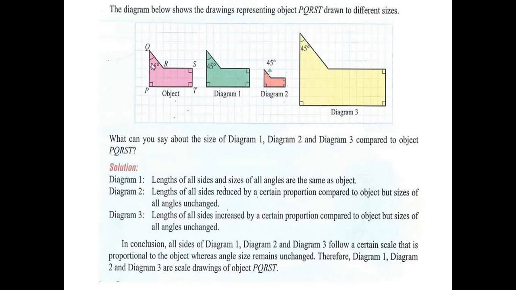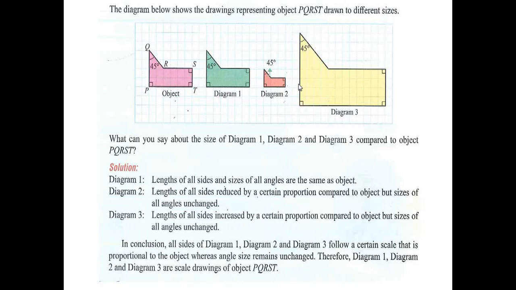You can see here it is 4 units, so it is reduced to 2, and all the interior angles remain unchanged. That is diagram 2. Diagram 3: length of all sides increased by a certain proportion compared to the object, but sizes of all angles unchanged.